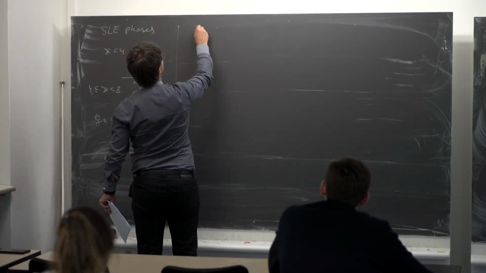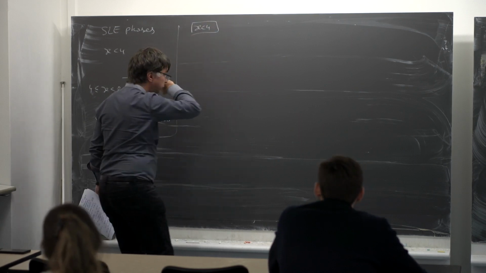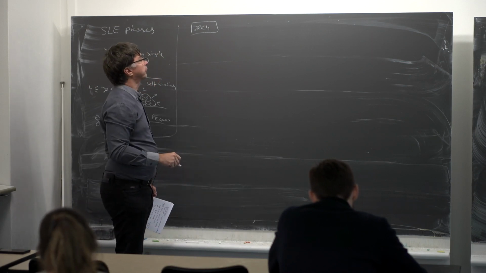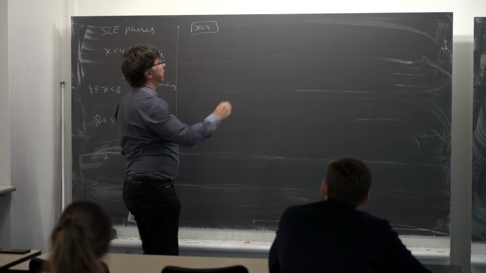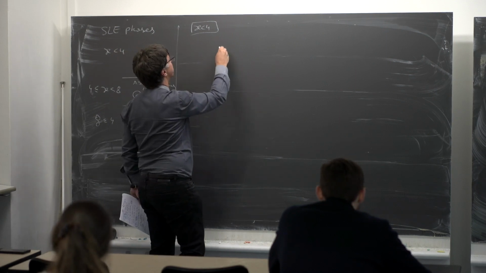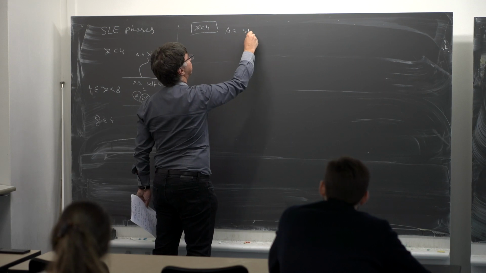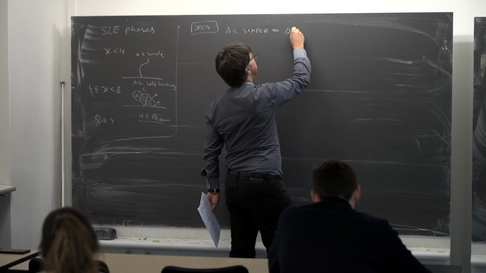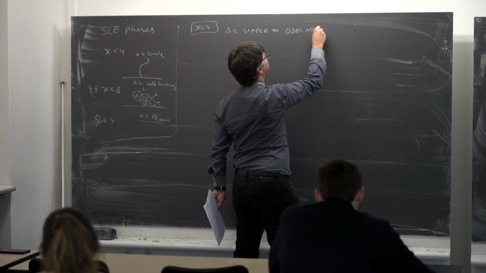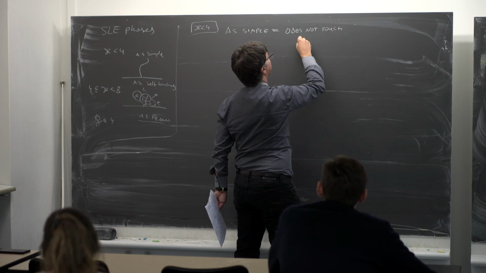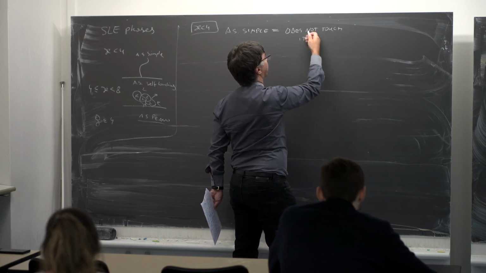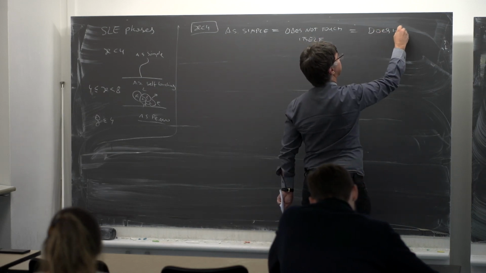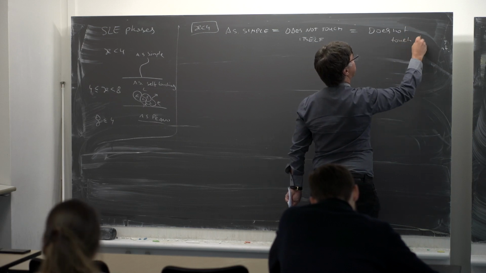Let's say kappa is smaller than 4. Let's show that the curve is almost surely simple. That's the same as almost surely does not touch itself, and it's the same as it does not touch the real line.